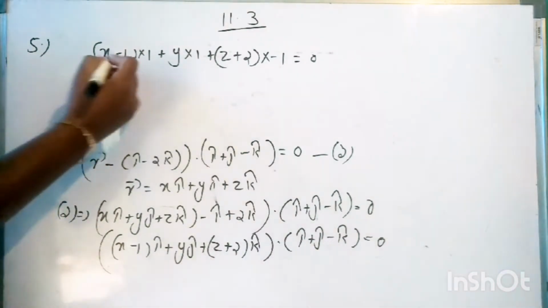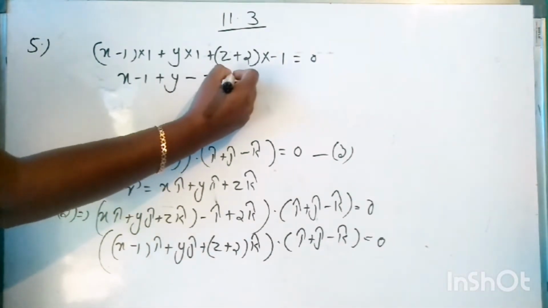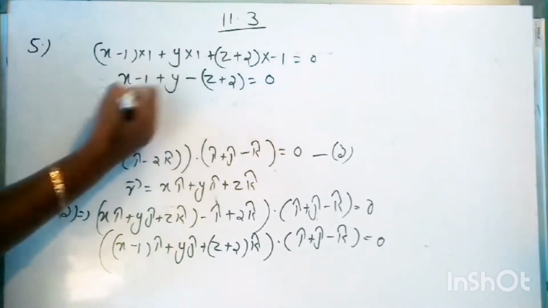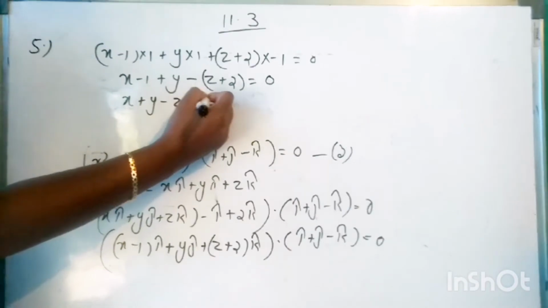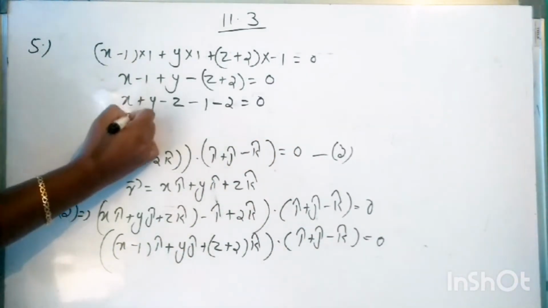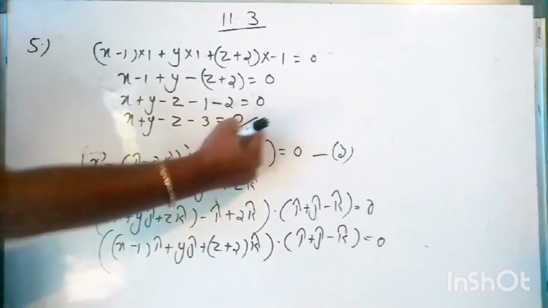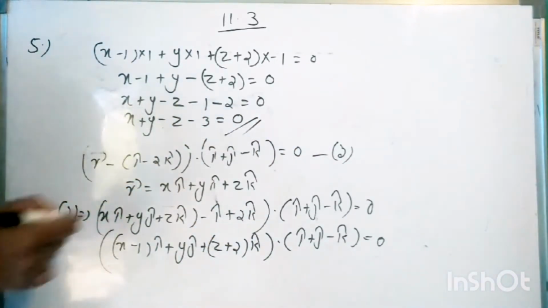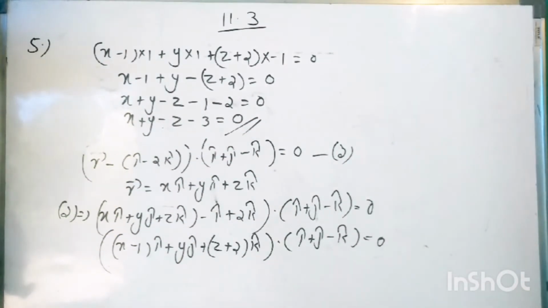That is x - 1 + y - z - 2 = 0. That is x + y - z - 3 = 0. This is our Cartesian equation, and equation number 2 is our vector equation.